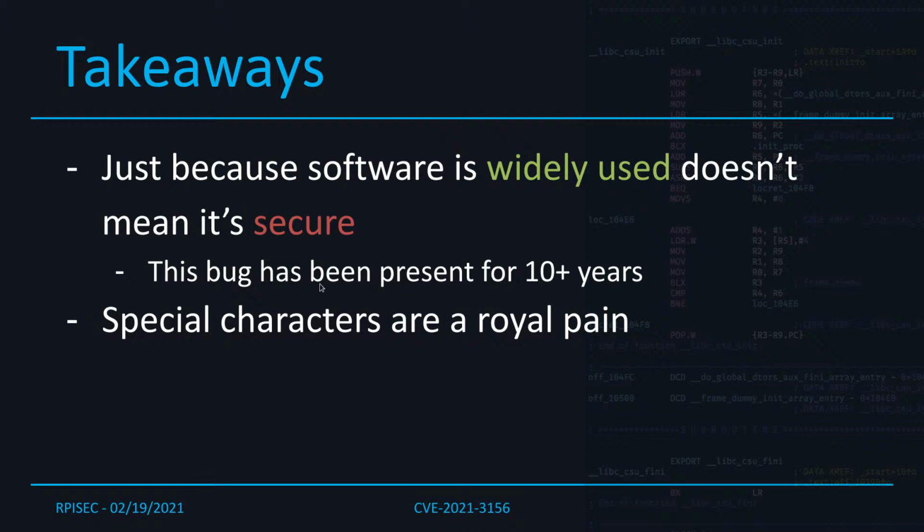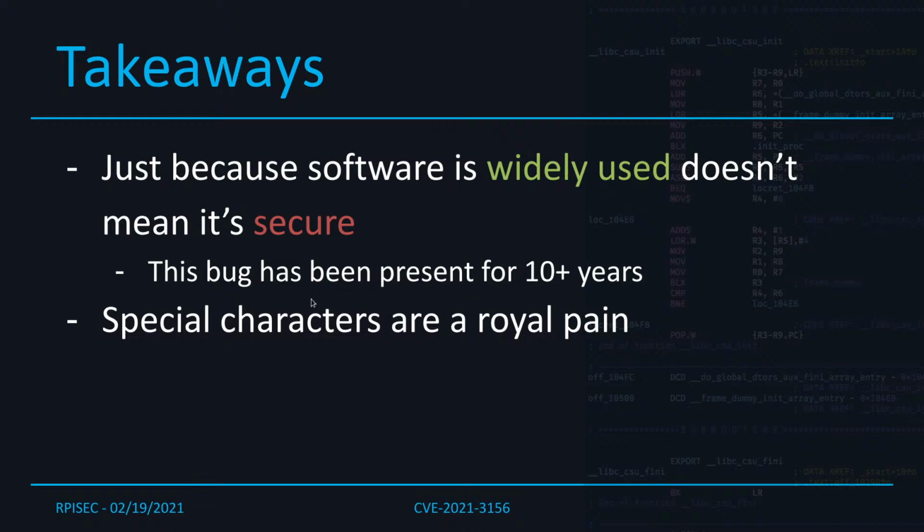However, this bug has been present in sudo for 10 years. And even with all of the eyes on this piece of software, nobody noticed it, or at least nobody noticed it publicly until today. And so when people talk about open source software being really secure because it has so much community backing, so many people looking for vulnerabilities, that's often the case, but not always.